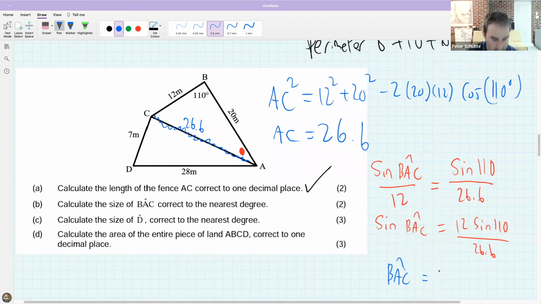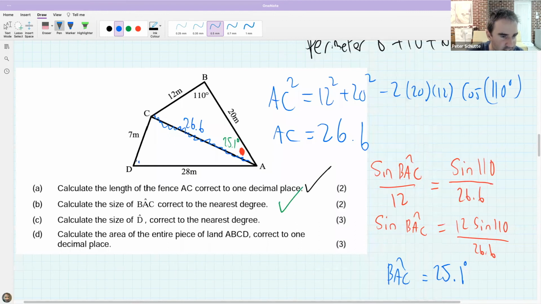Okay, so I get 25 to 1 decimal place, it would be 25.1. And let's stay with that for now. So this angle over here should be 25.1 degrees. Some of you will have got 25.08, but then it rounds off to 25.1. So you will notice that if you use the cos or the sine rule, it also works fine.